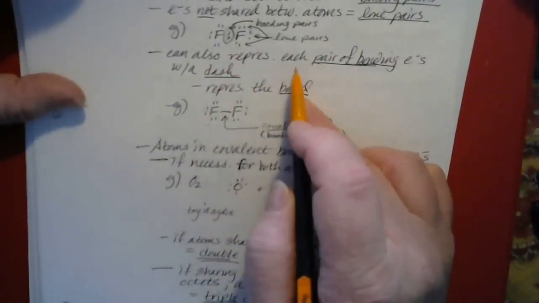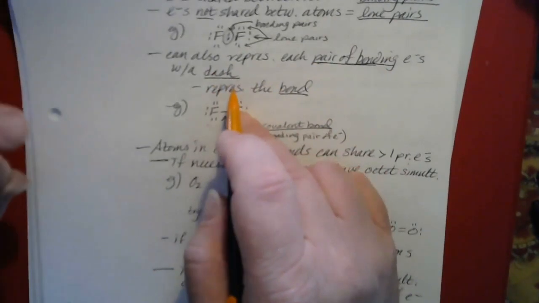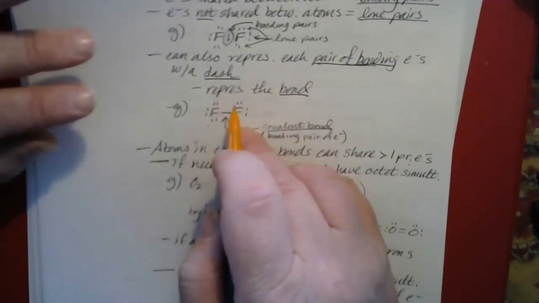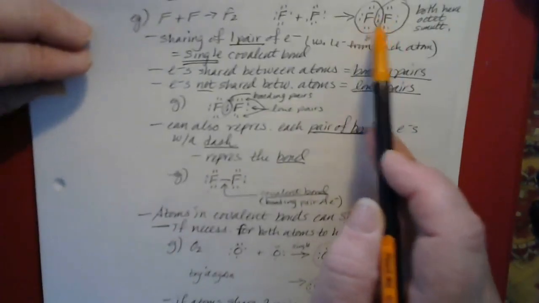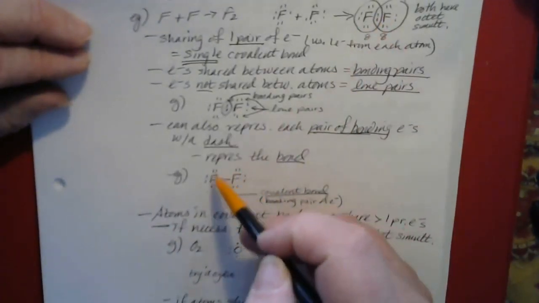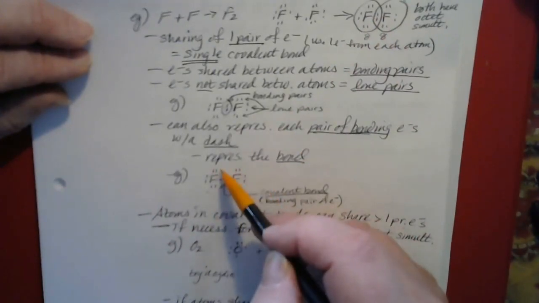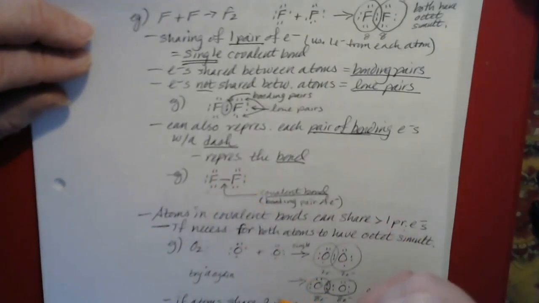Okay, you can also represent each pair of bonding electrons with a dash. And the reason you might want to do that is if you want to emphasize the bond rather than how many electrons are involved. So the F2 molecule, like we drew it up here, could also be just as correctly drawn as F dash F, and then each fluorine having 3 lone pairs of electrons around it.